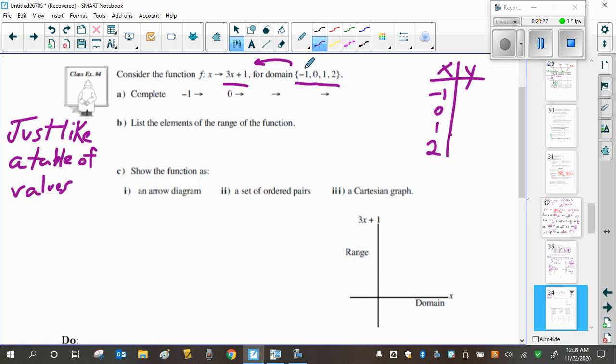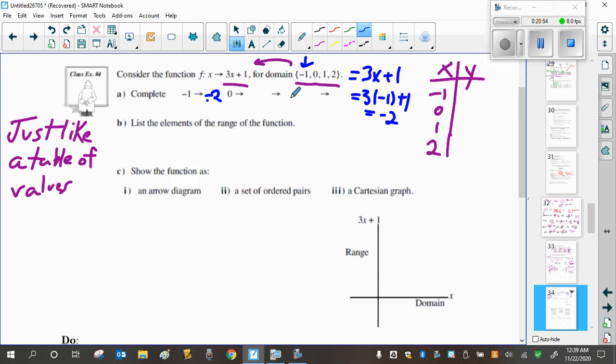So when x equals -1, the first one here, the formula is 3x plus 1. When x equals -1, you punch it into your calculator, and you get -2. So the -1 goes to -2.